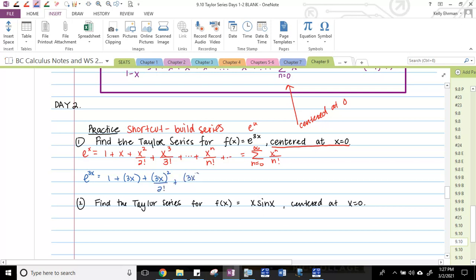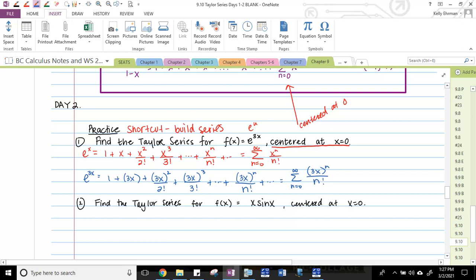You get the idea. 3x, the quantity cubed, over 3 factorial. How would that change the general term? It would become 3x, quantity raised to the n power, still over n factorial. And so the power series would be the sum from 0 to infinity of (3x) to the n over n factorial.